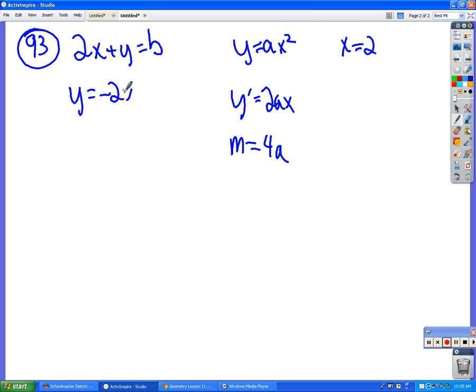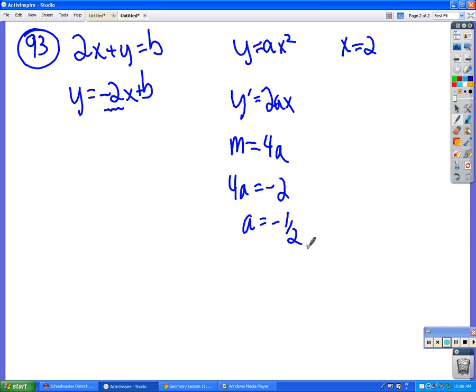So the slope of this line right here is -2, right? So for this to equal -2, that means a has to equal -1/2 for the slopes to be the same.